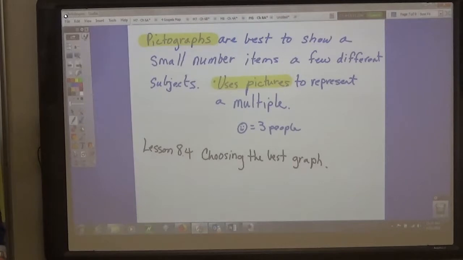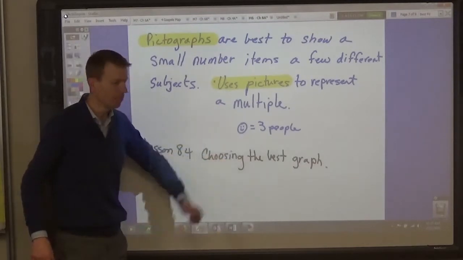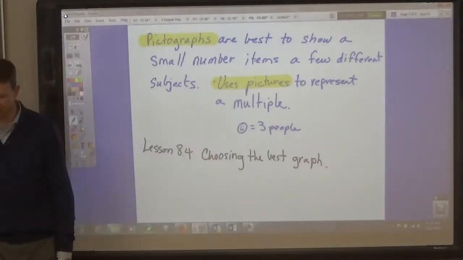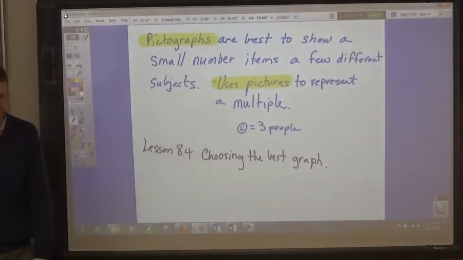Pictographs are best to show a small number of items or a few different subjects. They use pictures to represent a multiple. So a smiley face might represent 3 people, as an example.